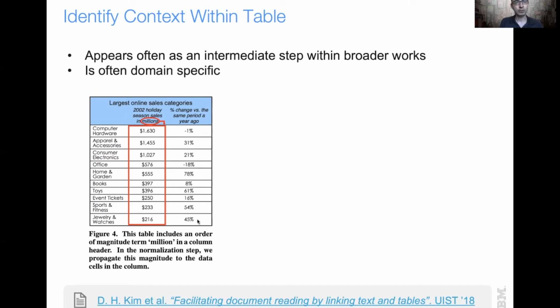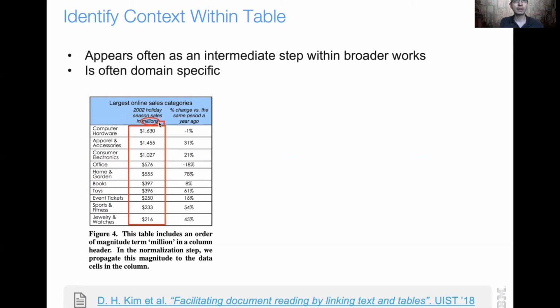As an example, let's look at this table, which was taken from a paper by Kim et al. on a very different problem. The paper is about linking text and tables, and we will actually look further into it later on. But while they were trying to solve the general problem, they had one step in which they were identifying scales, which they call orders of magnitude.